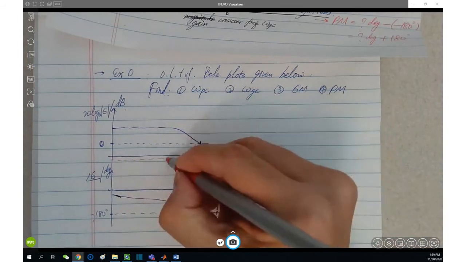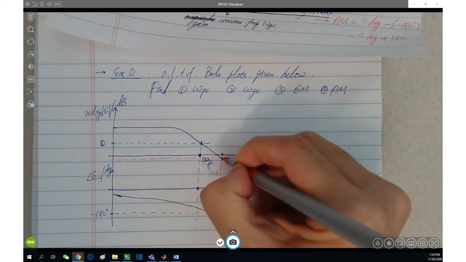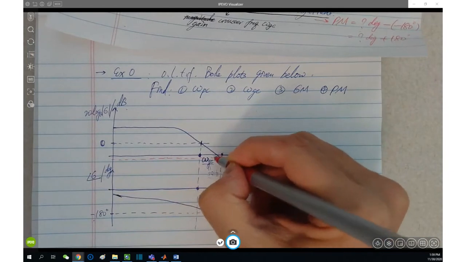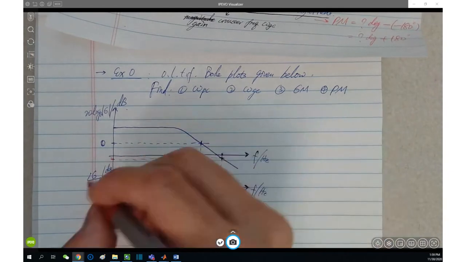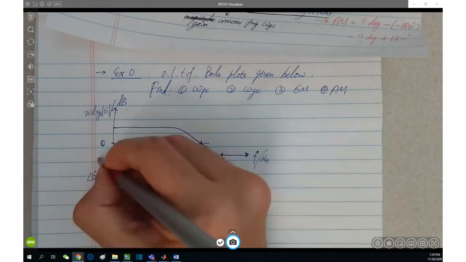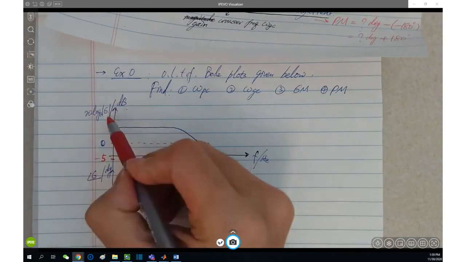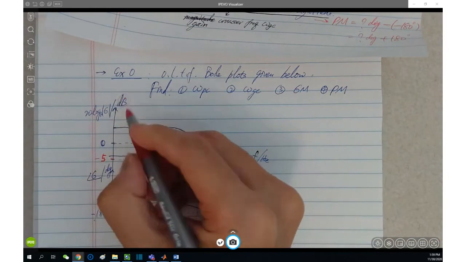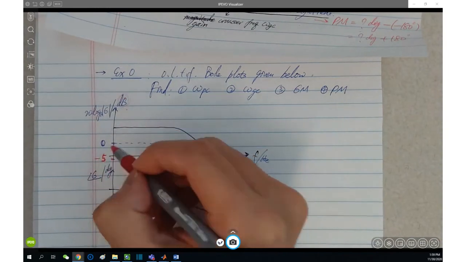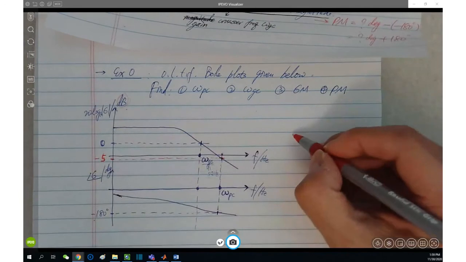Does it make sense? At this point, you read it here. For example, let's say this is 95. And you know the unit is dB. Be very careful. The unit here is dB. So 95 here means negative dB. This gives you what?